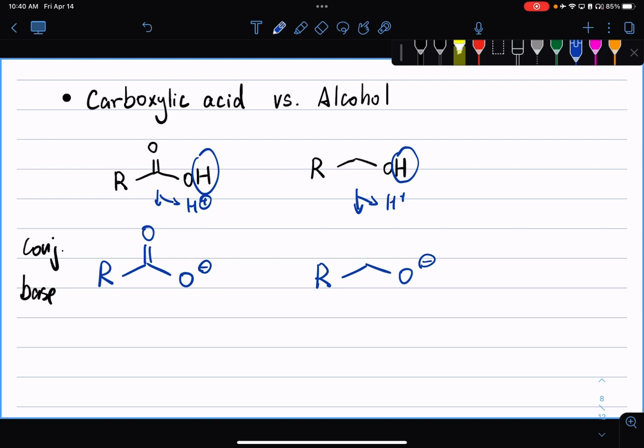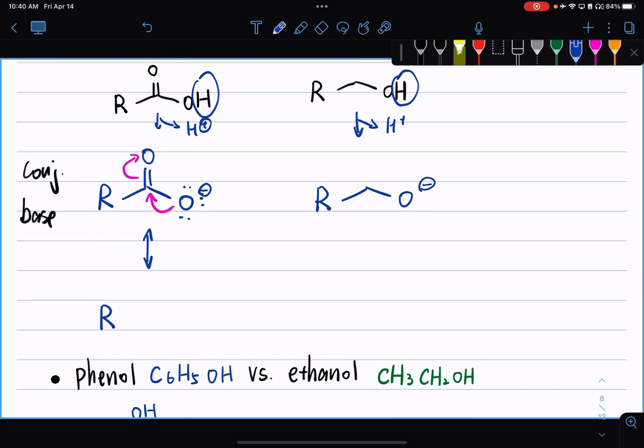But the left structure has an additional layer of stabilization coming from resonance structure. If we're doing arrow pushing, the electron can move in this direction. So the anionic charge is now located on a different oxygen. What we end up with is R, O- on a different oxygen, and a double bond on the bottom here.